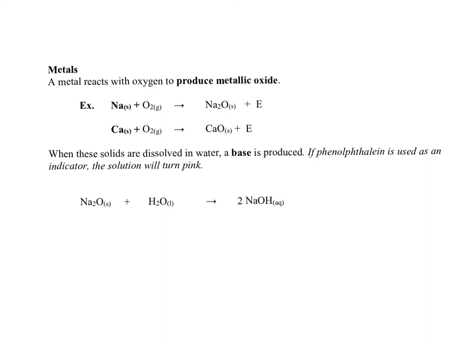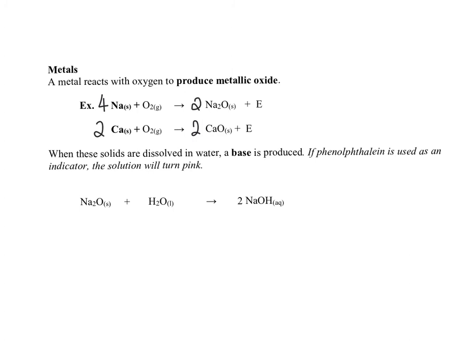So in this case, for sodium oxide, I'd need 2 oxygens, which means I need 4 sodiums. And then the next equation, I need 2 calcium oxides to balance oxygen, so I need 2 calciums.